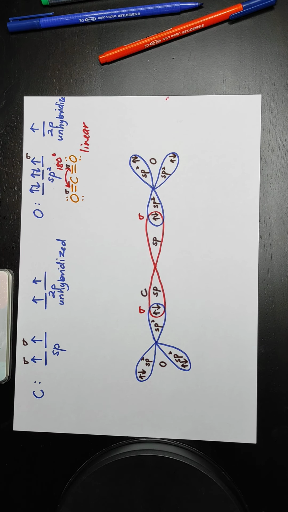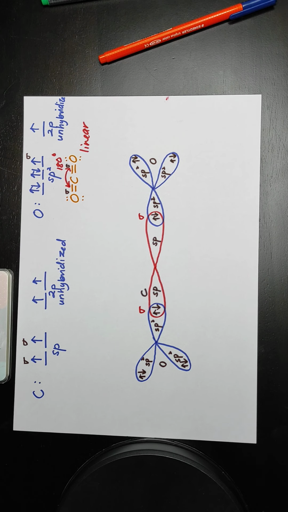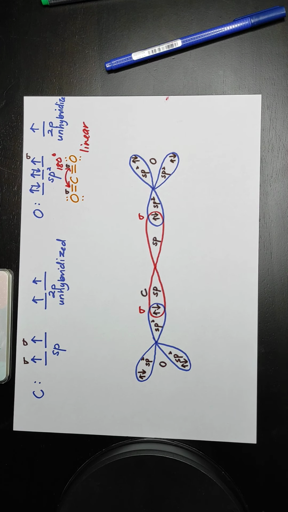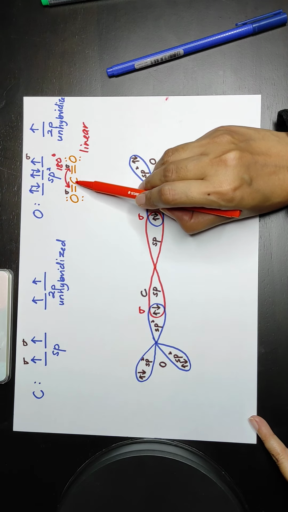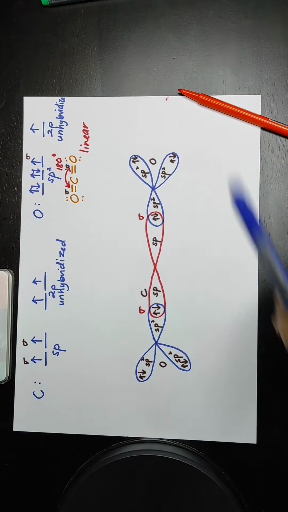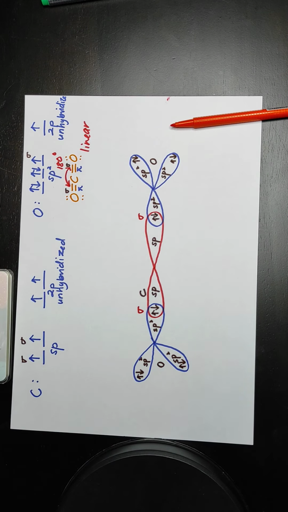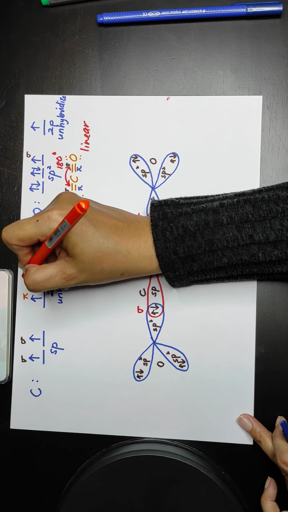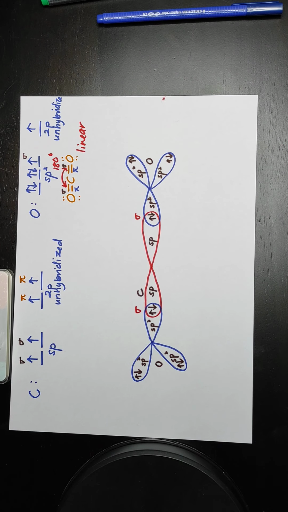Okay, so now we are going to show how the pi bonds between carbon and oxygen atoms are formed. Alright, so there are two pi bonds between carbon and oxygen atoms. Alright, so this electron will be used to form the pi bond with the oxygen atom.